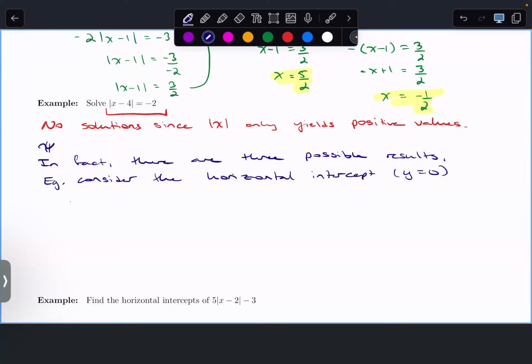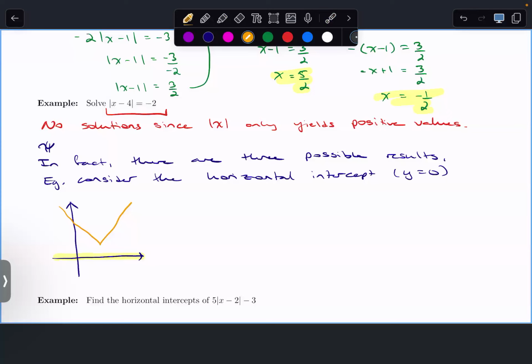The three scenarios that I could have of a generic absolute value function, which could look something like this. If I'm concerned with the points where it crosses y equals 0, the horizontal intercept, well, in this case, it doesn't cross it ever.